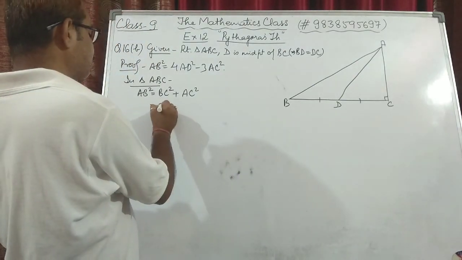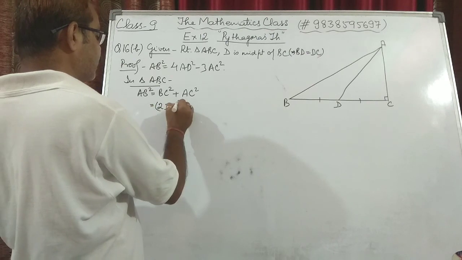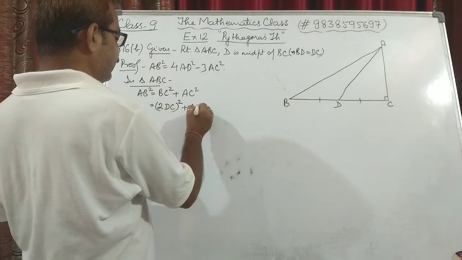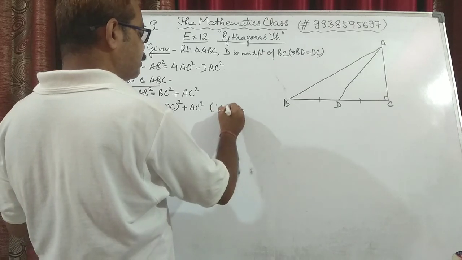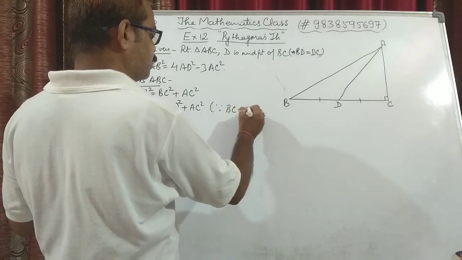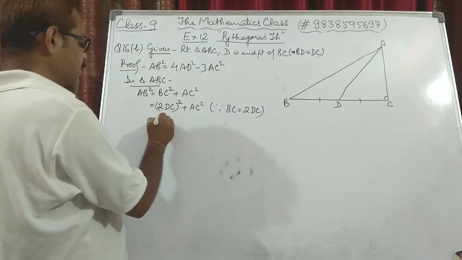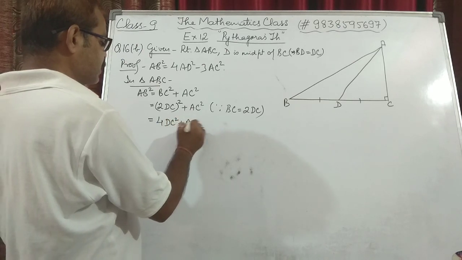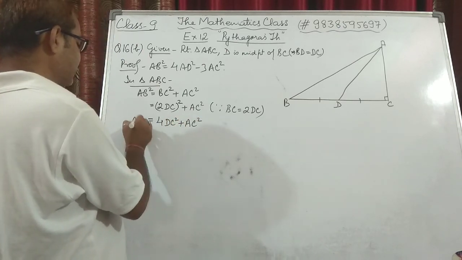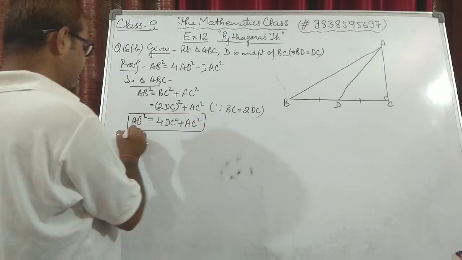So I am writing 2 times of DC whole square plus AC square. Why? Since BC is equal to 2 times of DC. When you open this, this will become 4 times of DC square plus AC square, and that is your AB square. This we will keep for future reference.